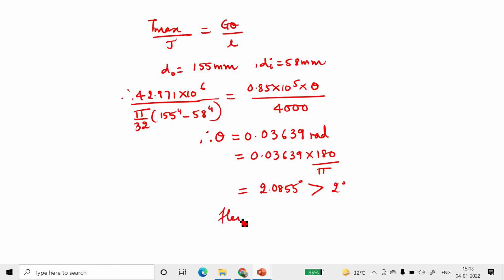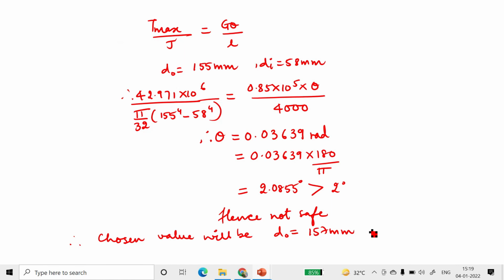Hence, this value of diameter is not safe. Therefore, the chosen value will be DO as 157 mm and DI is 59 mm.